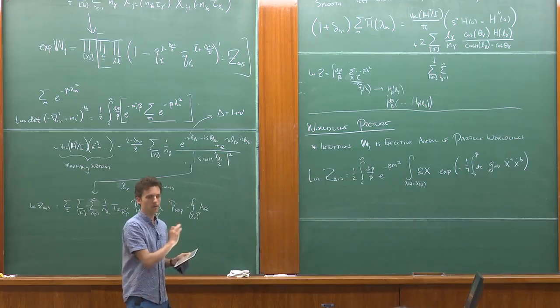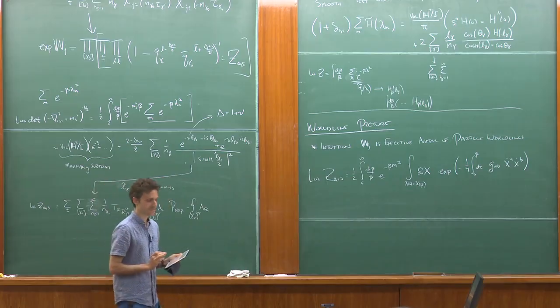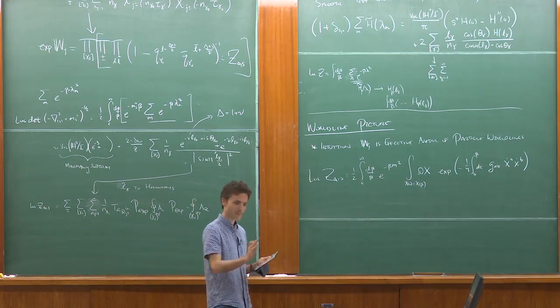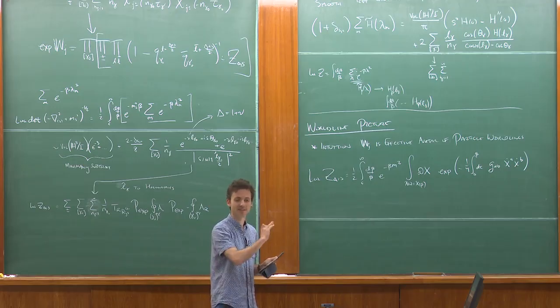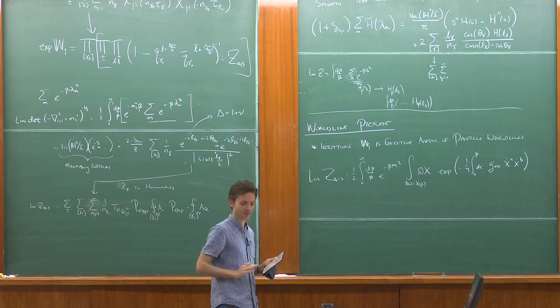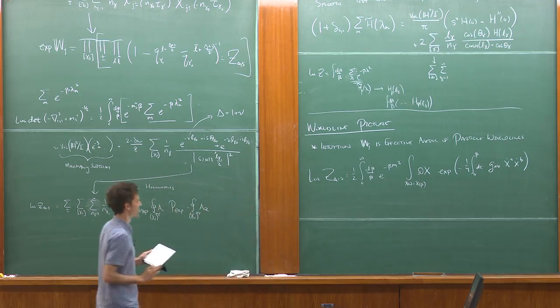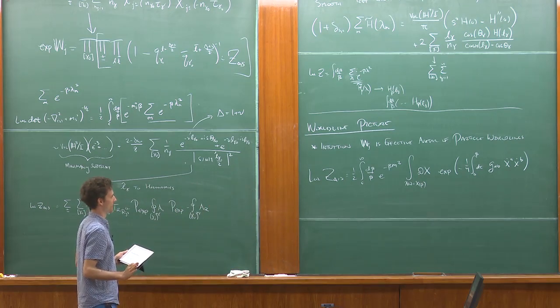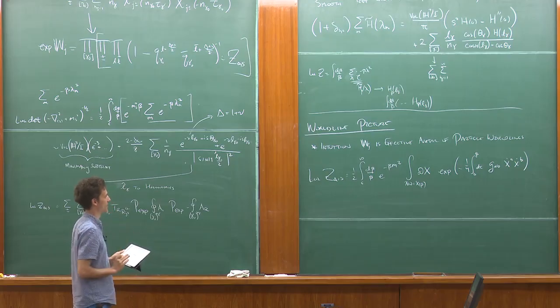It doesn't depend on P, and this one, unless... I would be very happy if at some point I could figure out how to incorporate the spins directly into this. I'm happy to discuss this afterwards, but for right now, I'm going to stick to scalars.